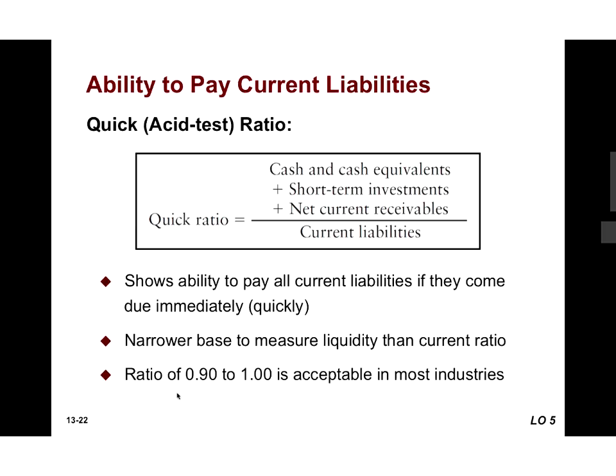It'll take us time to sell inventory. So we'll just look at the assets that we can get to quickly, hence the name, quick ratio. So we take the smaller numerator, divide by current liabilities. A ratio of 0.9 to 1, somewhere in that range, is acceptable. Remember, this is a more stringent measure, so it can be a little bit lower.